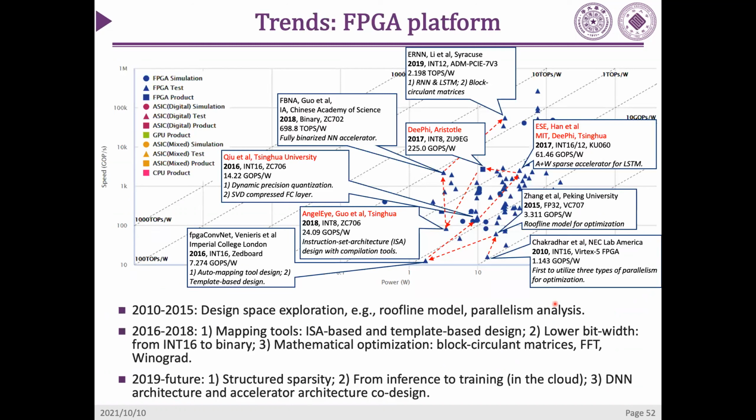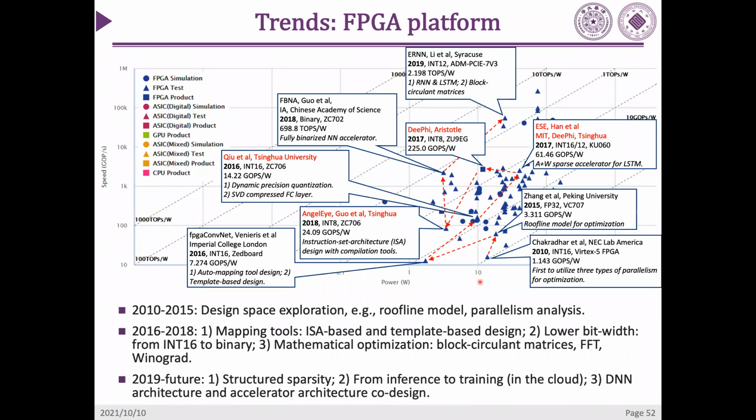We were also trying to summarize the development of different design approaches. From 2010 to 2015, it was mainly design space exploration. From 2016 to 2018, there were some mapping tools, low bit widths, and mathematical optimization work, which is really important.